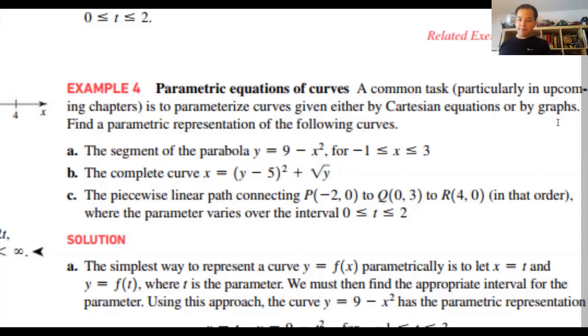So it's a couple of segments, right? If I want (-2, 0), (0, 3), (4, 0). So this is P, Q, and then all the way to (4, 0).